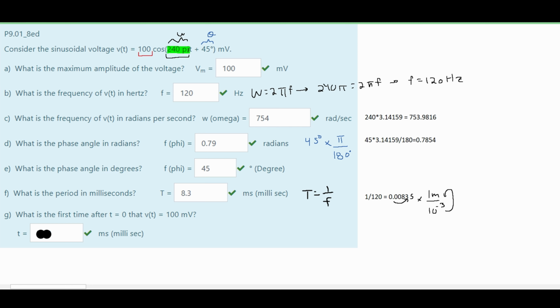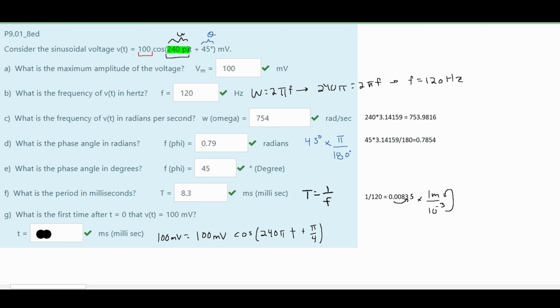Plugging into our original equation, 100 millivolts is equal to 100 millivolts times cosine of 240 pi times t plus 45 degrees. We want to solve in radians, so we convert 45 degrees to radians. If we do this conversion, or just look at a graph, we can see that this is pi over 4.